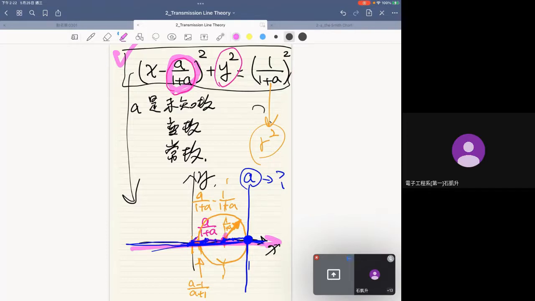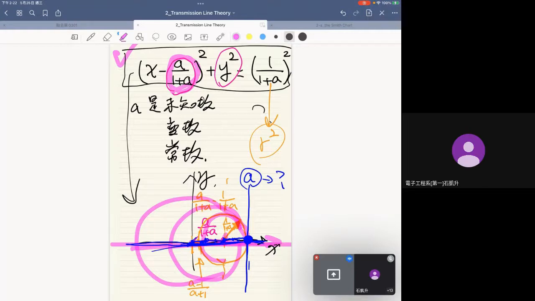And for this real circle, the y position is always 0. So all of these real circles are centered on the axis.